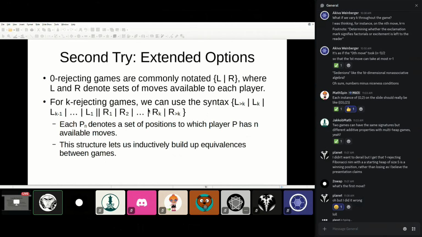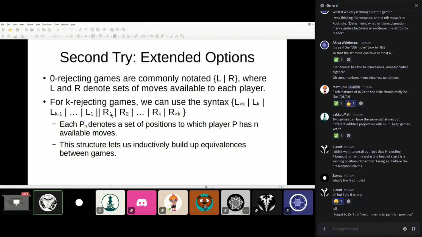But the claim that motivates this structure is that we can use it to analyze these games just like how zero rejecting games are analyzed with this two-set syntax.